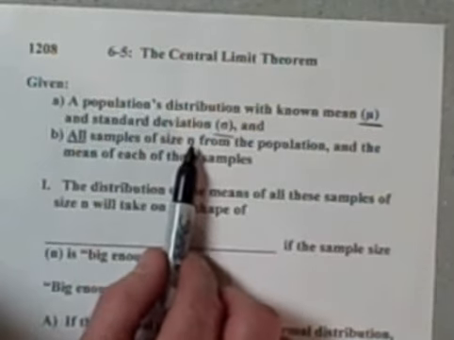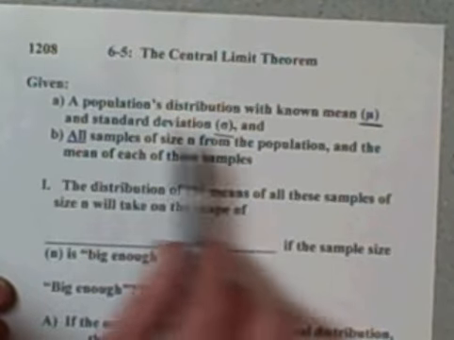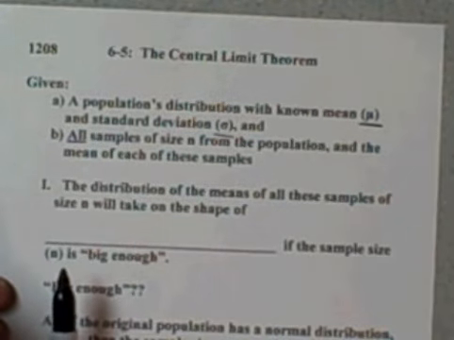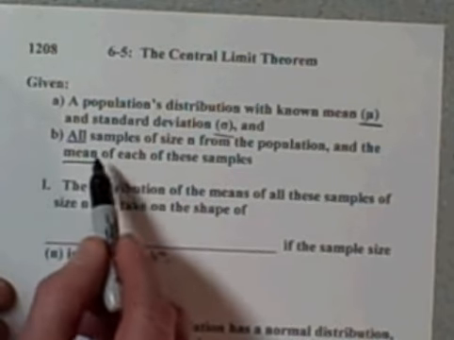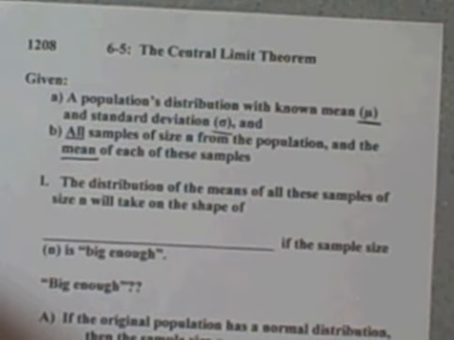In my previous example, I took samples of size 4, but here it doesn't matter what it is, size n. We took samples of size n from the population, and we calculated the mean of each of those samples, just exactly like what I did in my previous video dealing with the 16 blue spruces. Now, the central limit theorem has two main points to make.